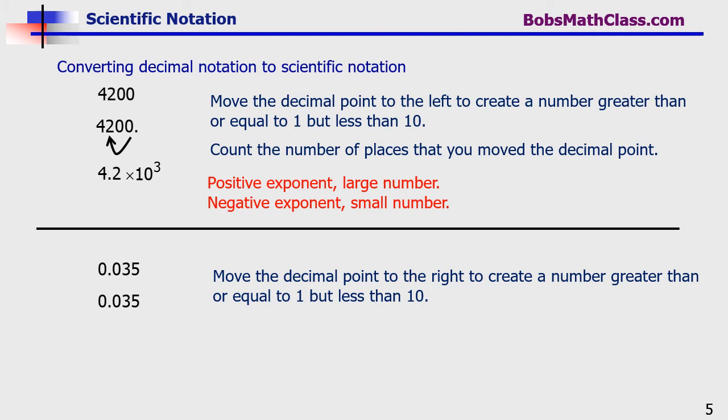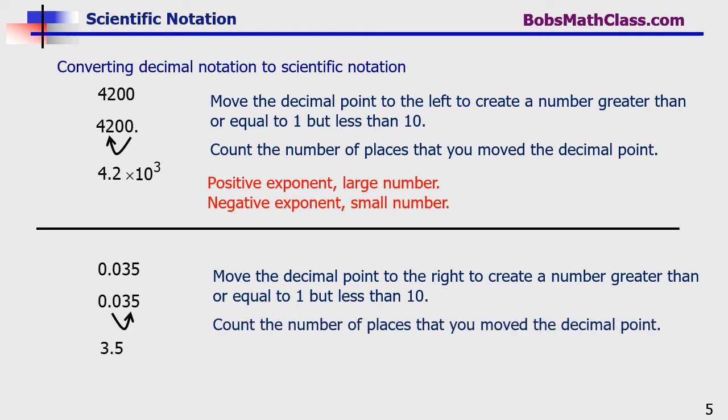What number is that going to be? 35? Not 35, right? That's not less than 10. 0.35? That's less than 1. It's got to be bigger than 1, so 3.5. So we're going to move it right there. So 3.5 is our number.